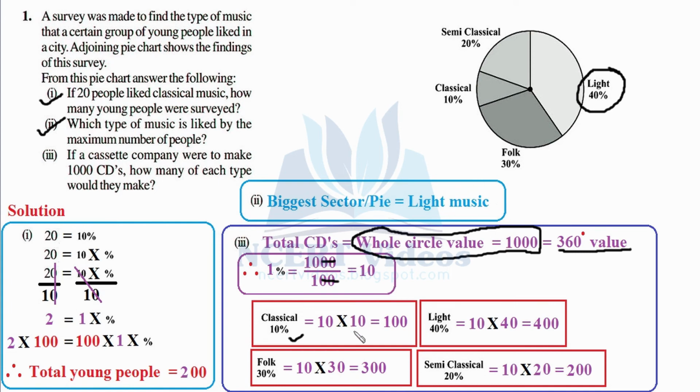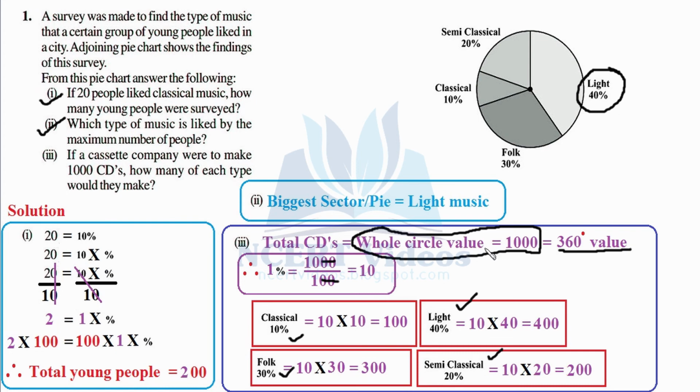We are simply multiplying the value of 1% with the percentage value we are provided. So it is 300 for folk music. Similarly, for light we have 40% of the people. So the value of 1%, 10, gets multiplied with 40, which gives us 400. That was for light music. Similarly, for semi-classical we have 20%, so 10 gets multiplied with 20. That gives you 200. So it was very simple, just remember the flow.